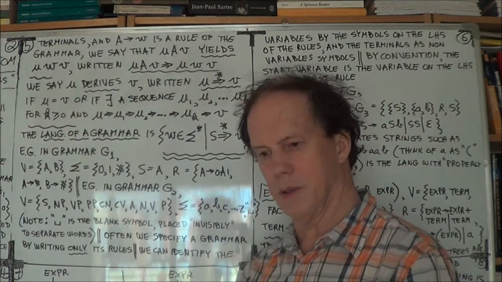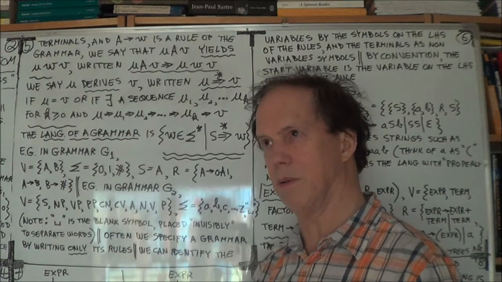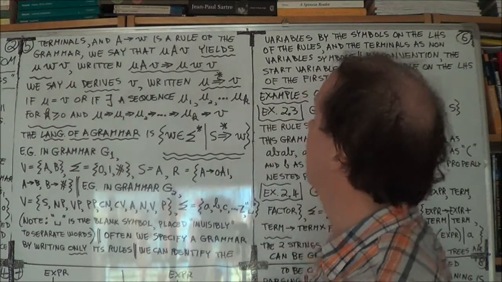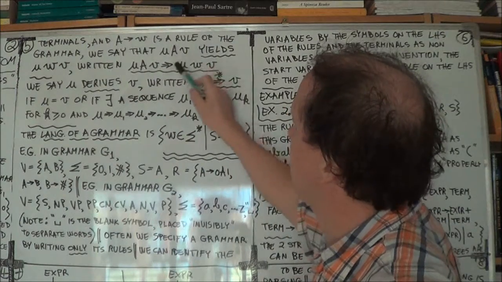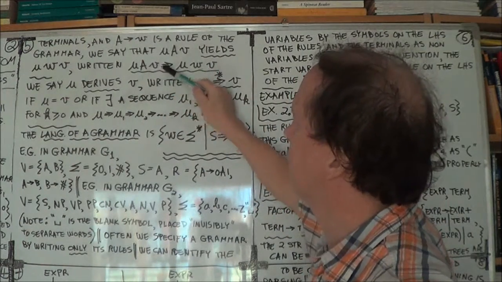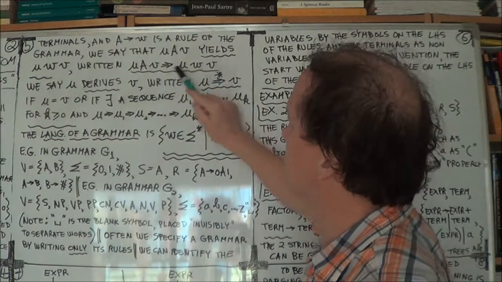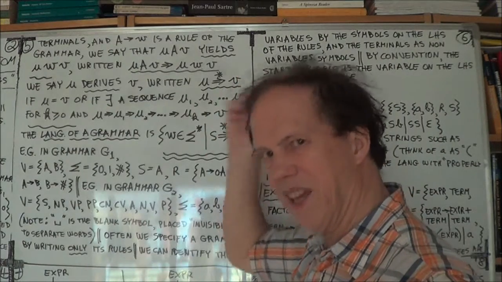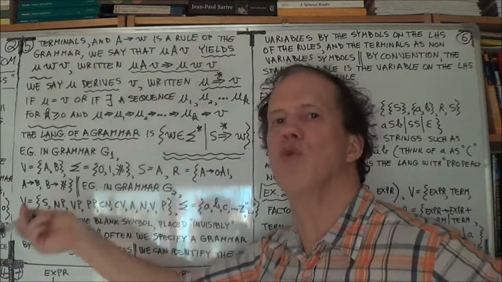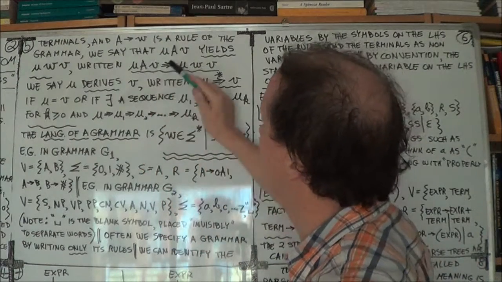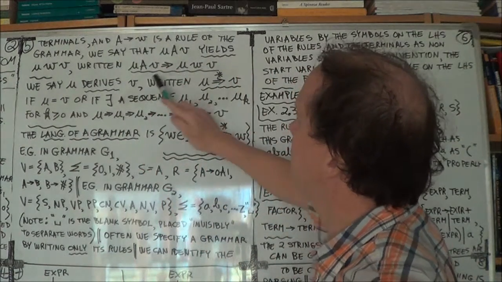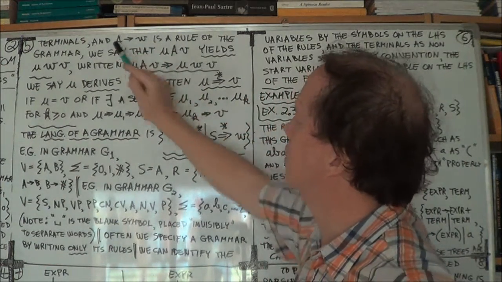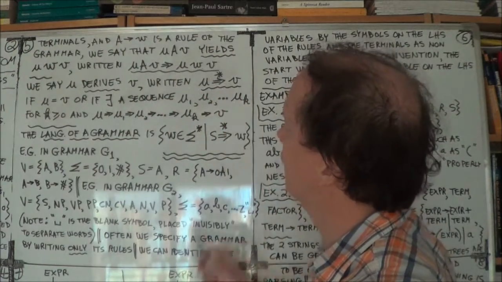In ordinary English, to yield in this context would be to provide or give. Think of it as leading to, or gets substituted for, or becomes, or is overwritten to. Many ways you can say this. So this yields that, because you substituted A for W using this substitution rule.